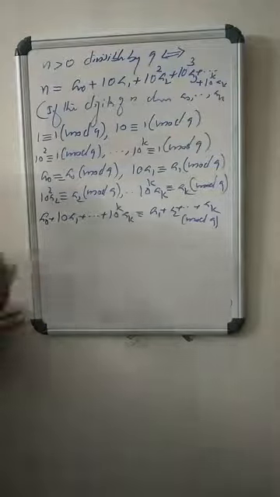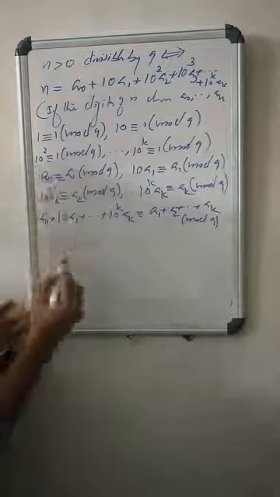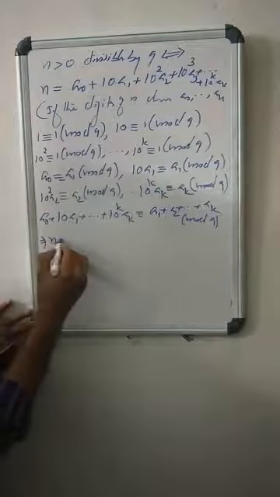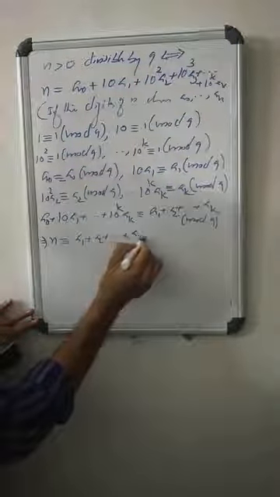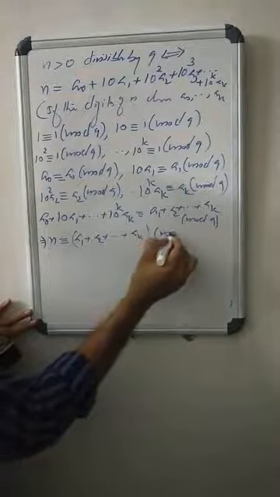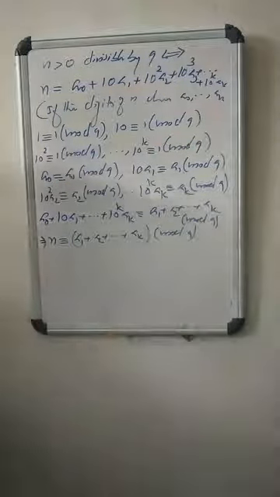Agree? What about the left side? Left side is nothing but n. So n is congruent to a0 plus a1 plus a2 plus etc. plus ak mod 9.